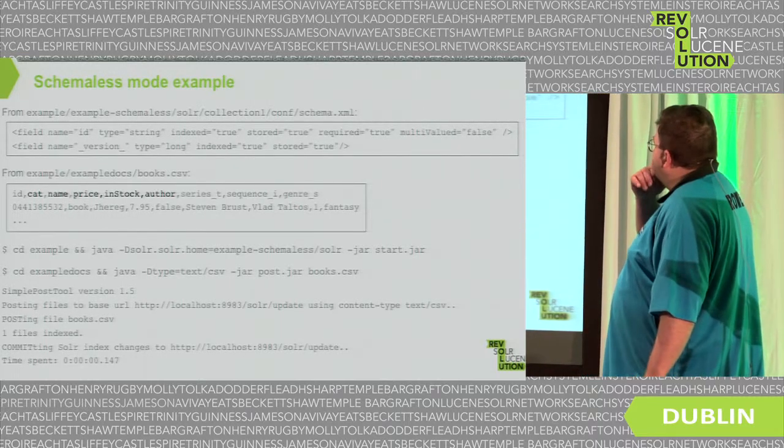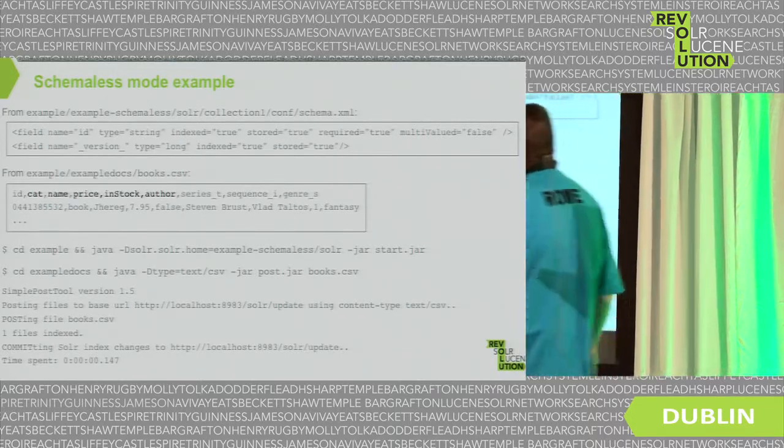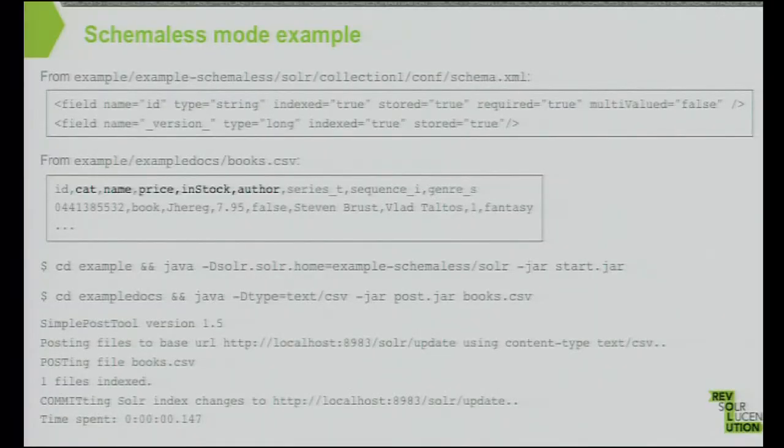So the books.csv has all these fields in here. I've highlighted, or emboldened, the fields that are not already defined in the schema. So ID is there.